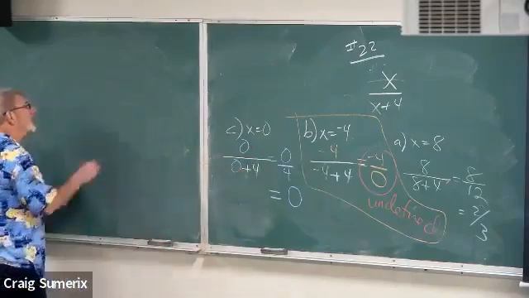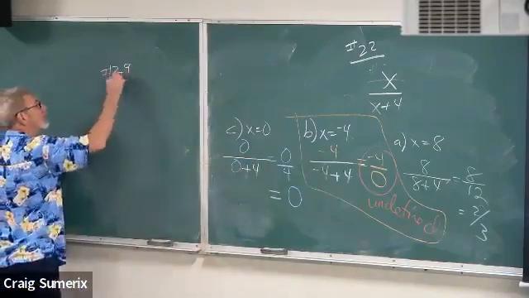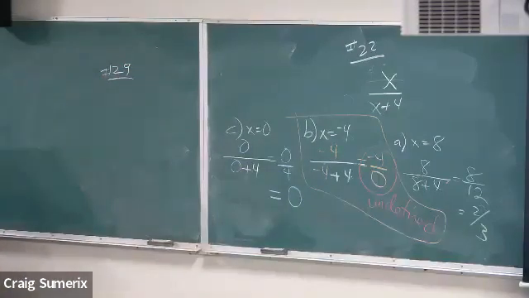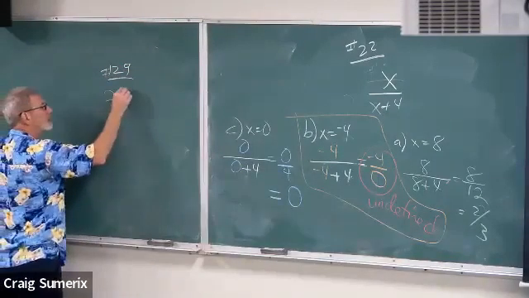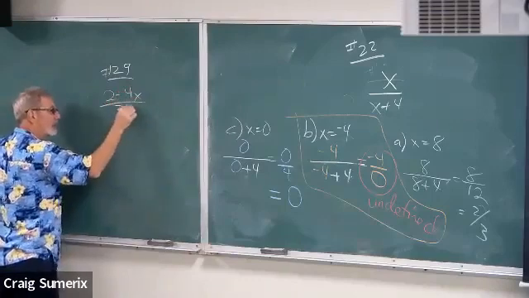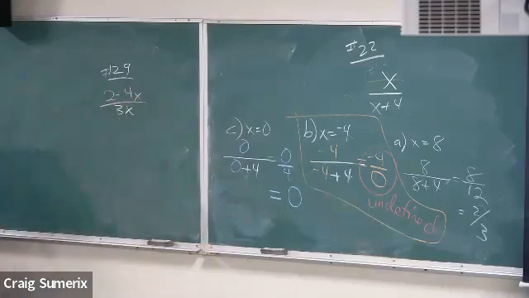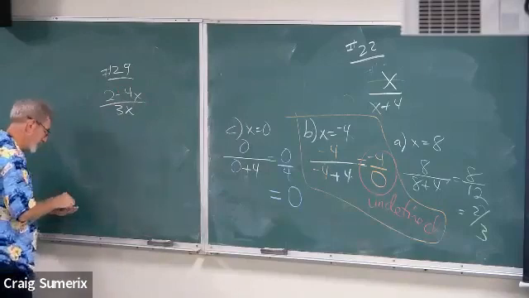But if you take number 29, which is 2 minus 4x over 3x, is that correct? What would make it undefined?